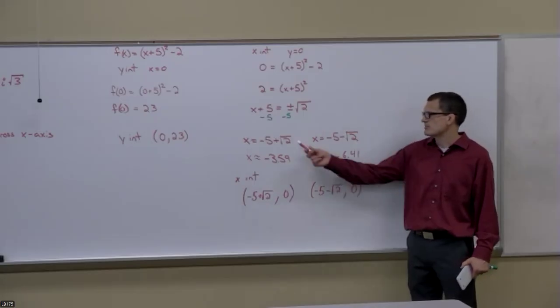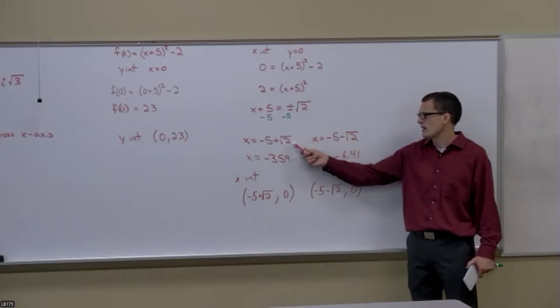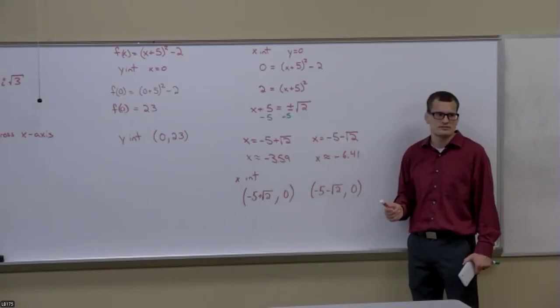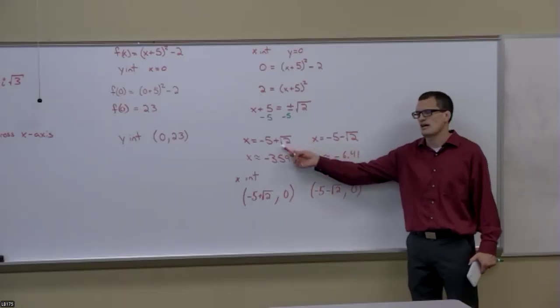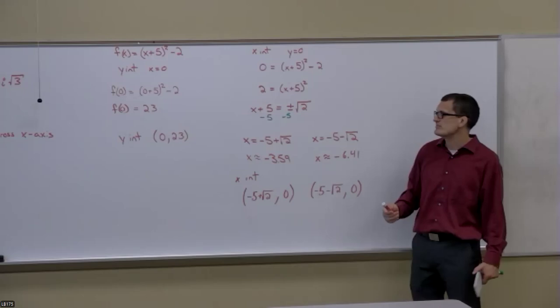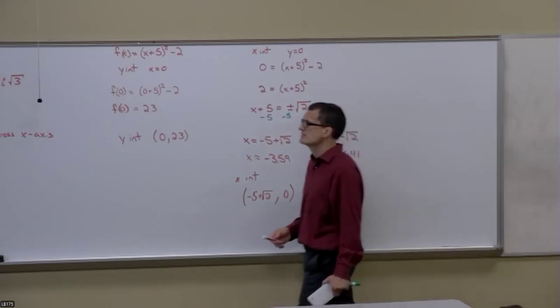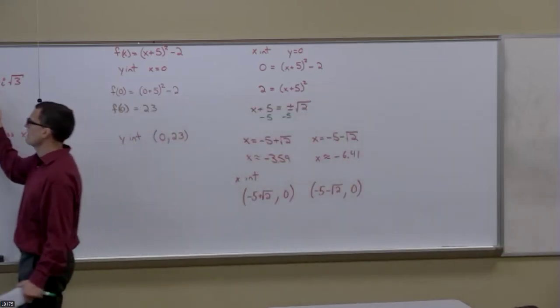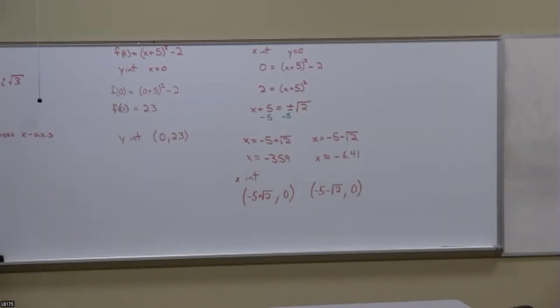By the way, do you notice that these two x values came in sort of irrational conjugate pairs? For the same reason that our complex conjugate pairs had to come in pairs as well.